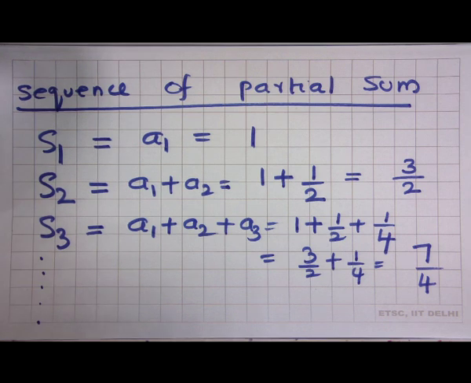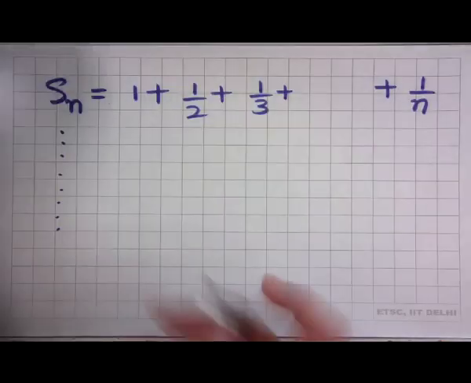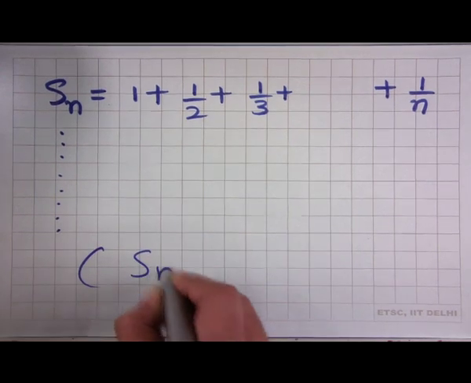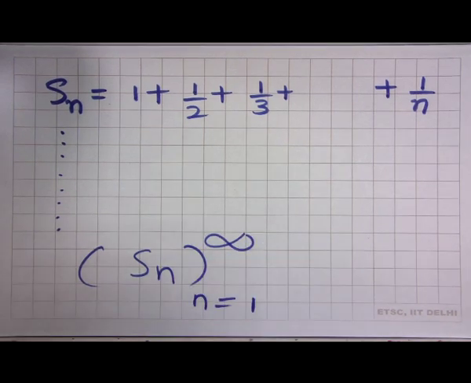To answer the question whether the given series is summable, convergent or not, we have to see whether the sequence Sn, n equal to 1 to infinity, is convergent or not. Let us try to observe a pattern.